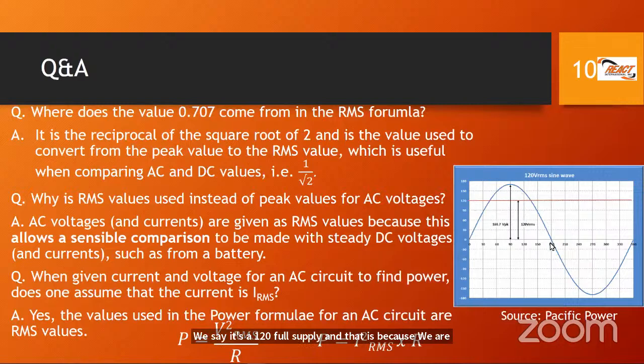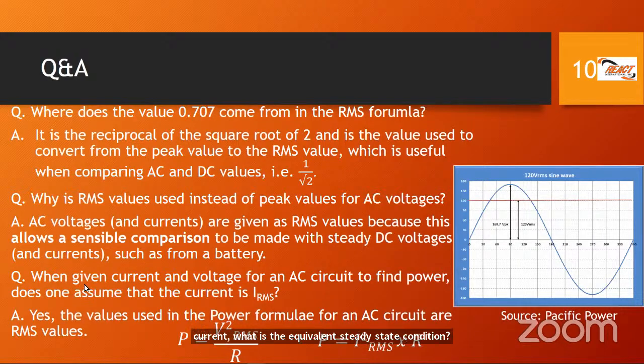It allows us to do a sensible comparison between an AC voltage and a direct current supply, the equivalent heating value. Because AC varies, peaks and troughs, it will not be consistent in its heating, but DC is consistent. So given the variation of this current, you want to know what the equivalent steady state condition is. Hopefully that helps a little bit.